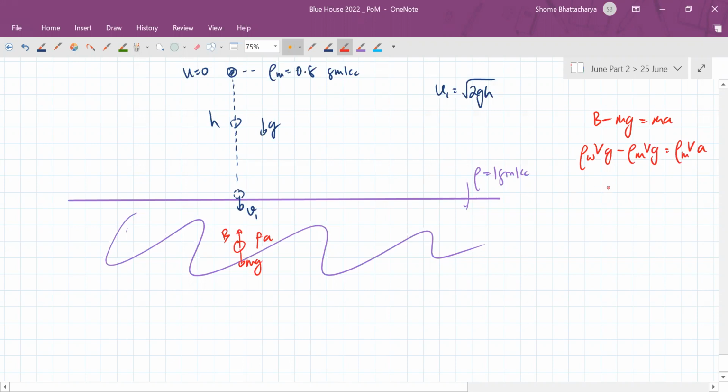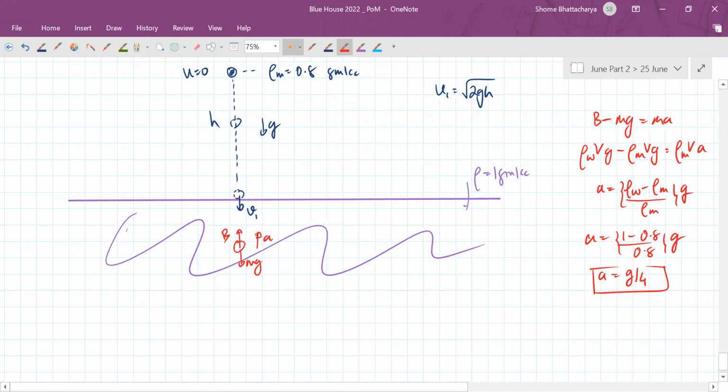So v is its volume. Okay, so you can see that this deceleration will be equal to this much. So deceleration will be g by 4.